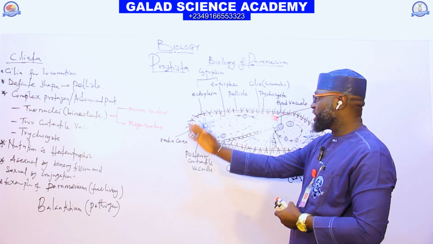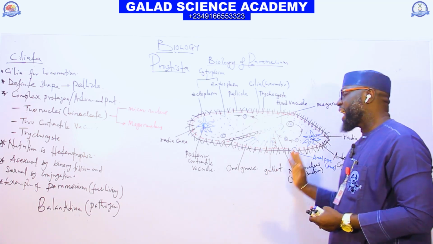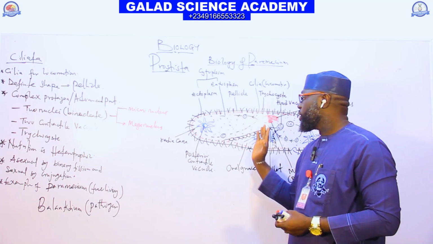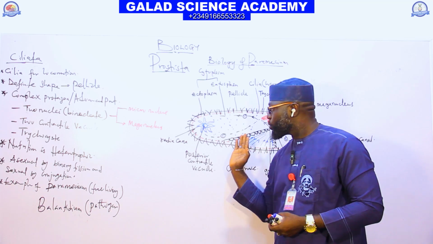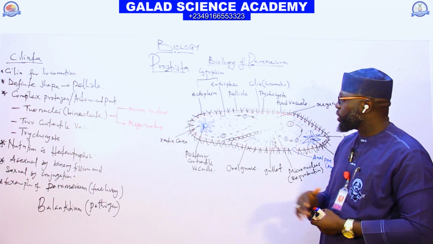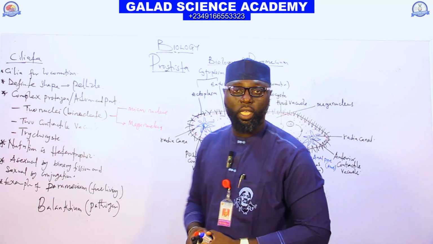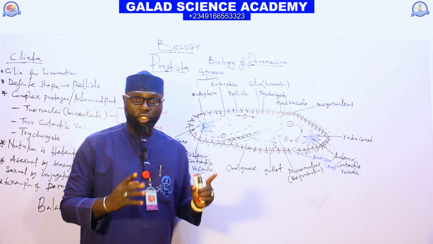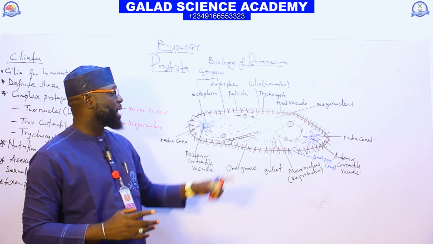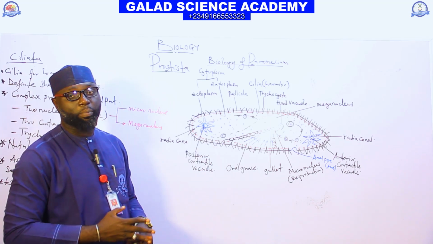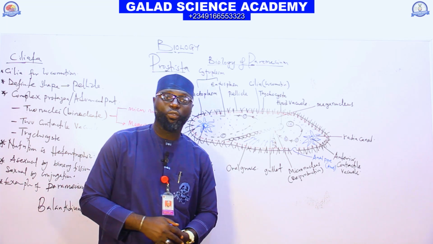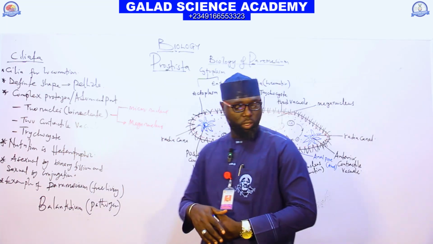The oxygen will diffuse in through their body surface, and the carbon dioxide will diffuse out through the process of diffusion. The same thing happens to excretion. In short, the excretion and the respiration in Paramecium are through the process of diffusion.